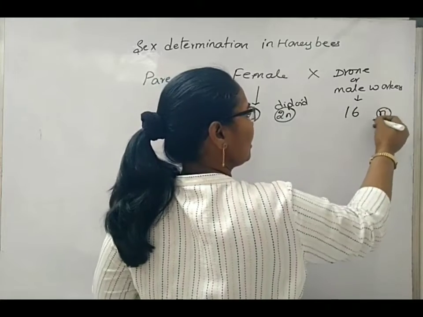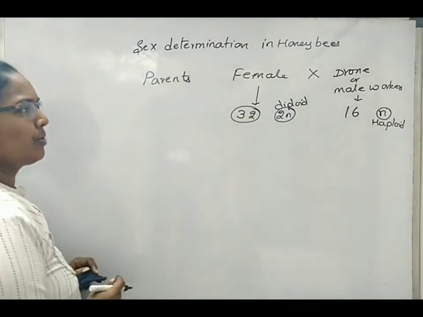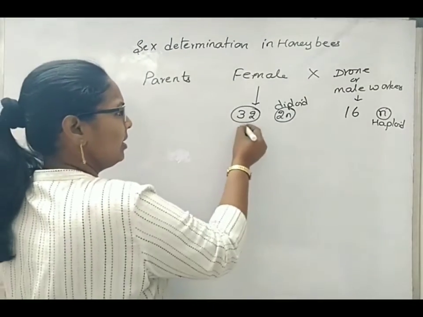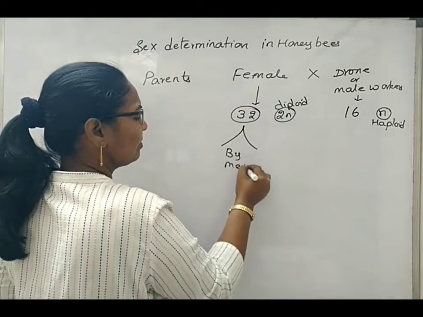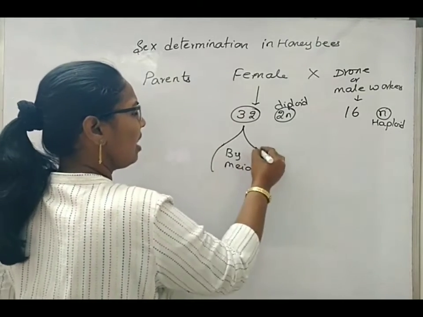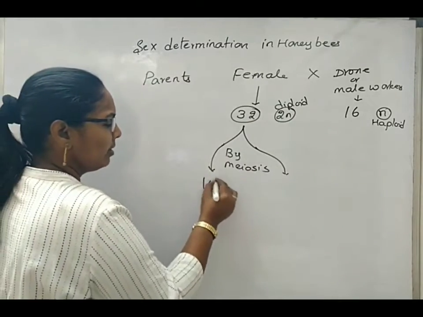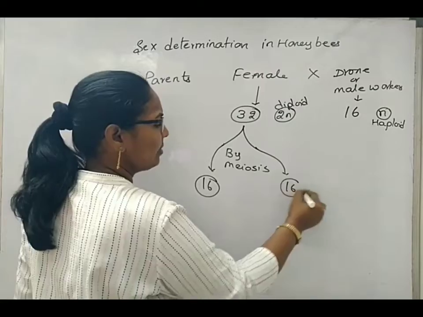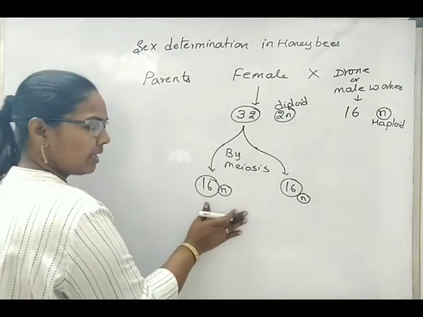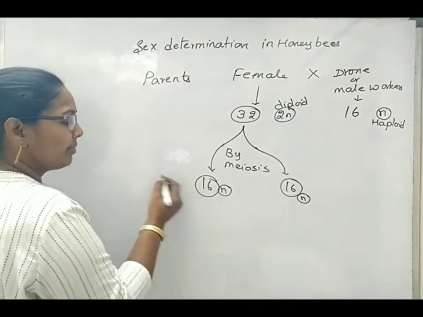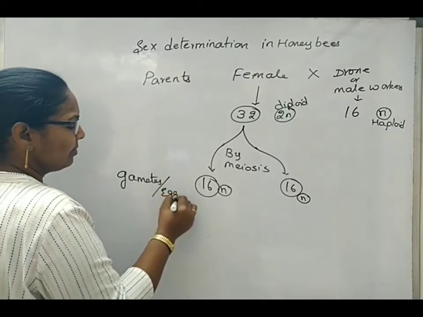It is considered as the haploid number of chromosomes. Now, this diploid number of chromosomes by meiosis gives half the number of sets of chromosomes in the offspring. So 16 means half the number of chromosomes are distributed into the gametes, or eggs.